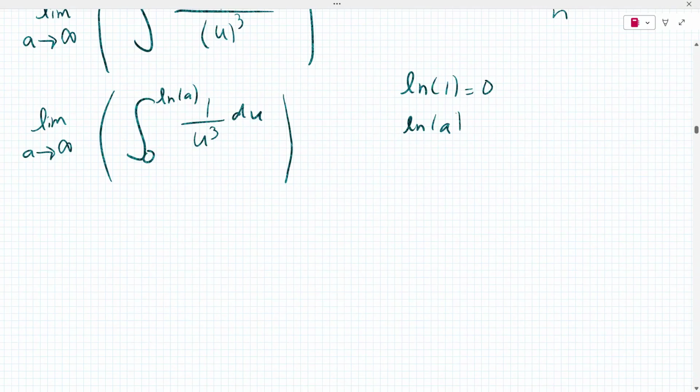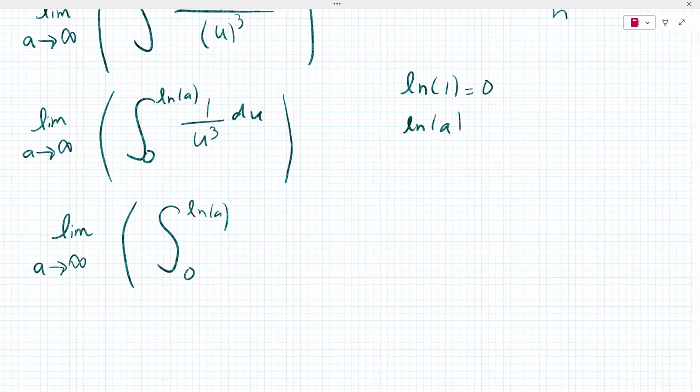Okay, so we have the limit as a approaches infinity of the integral from 0 to ln of a. We can rewrite 1 over u cubed as u to the negative 3 du, and we can easily take the integral of u to the negative 3 by using the power rule. It's old power plus 1, negative 3 plus 1 is negative 2, divided by that power, negative 2.